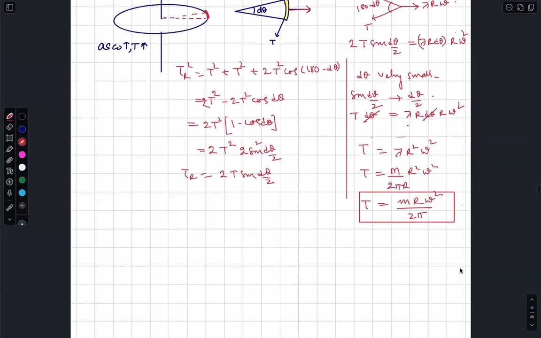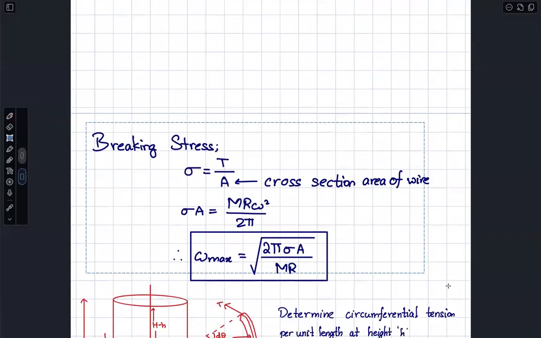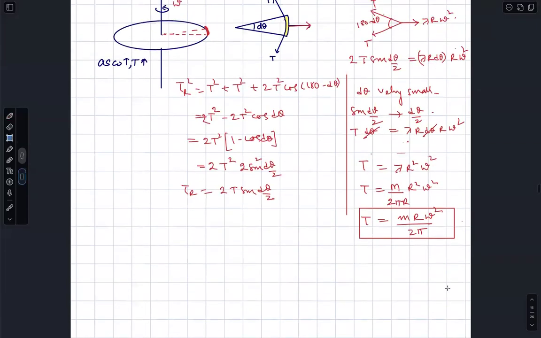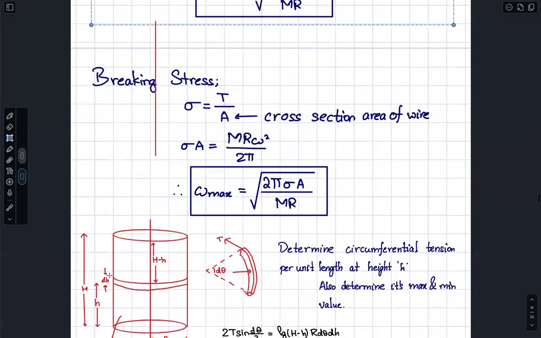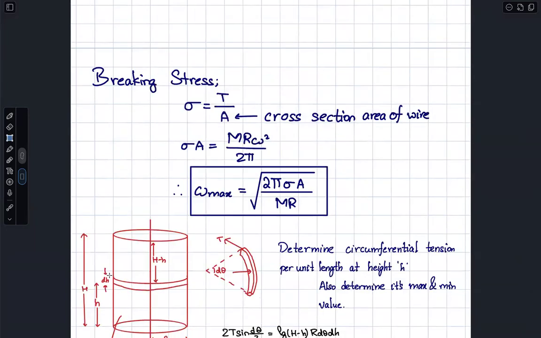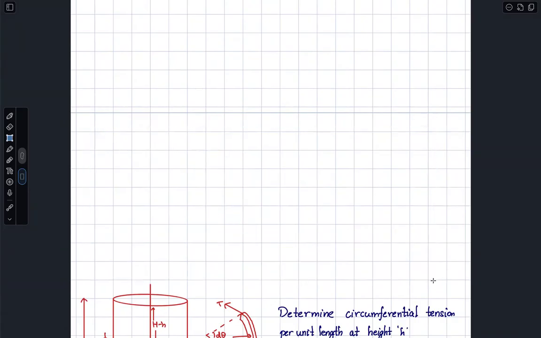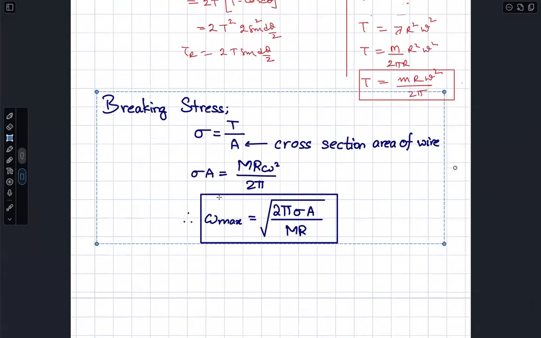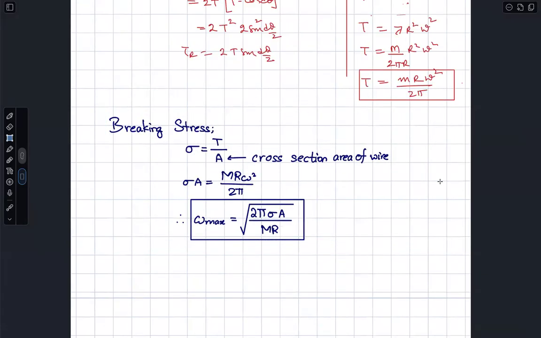Sometimes what will happen is they will introduce one more point that is called breaking stress. Now you can see here, already you have studied in wire, behavior of a wire under increasing load.